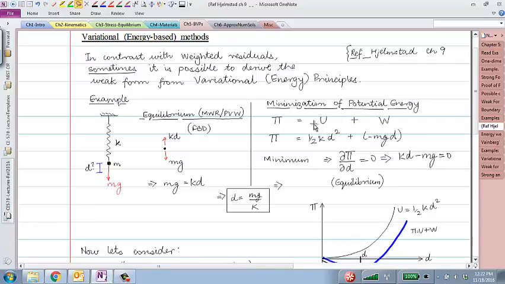So all we did was minimize the potential energy, and we got the equilibrium equation, kd is equal to mg, which gives me back the same equilibrium equation. So even for 3D deformable bodies, divergence of S plus B equal to 0, there is an alternate way to get to that equation using the energy approach, which we will discuss after the Thanksgiving break.